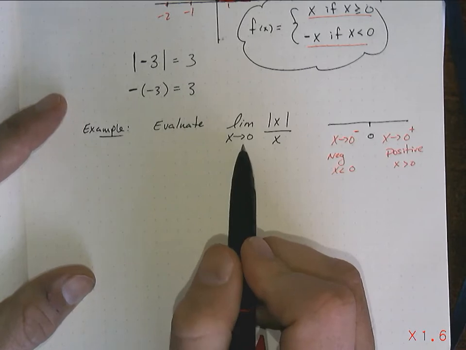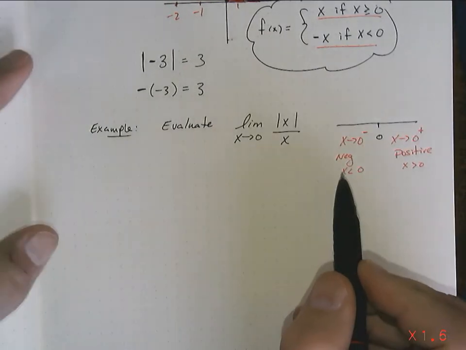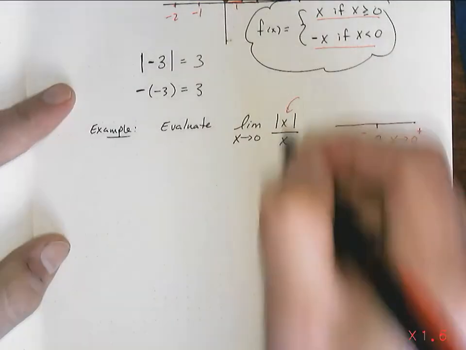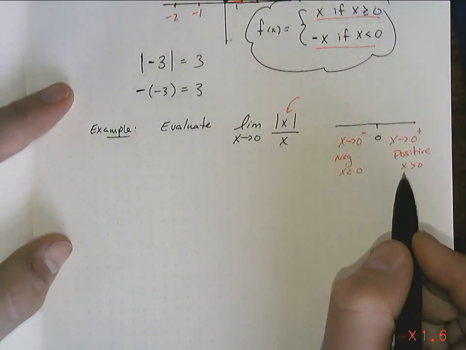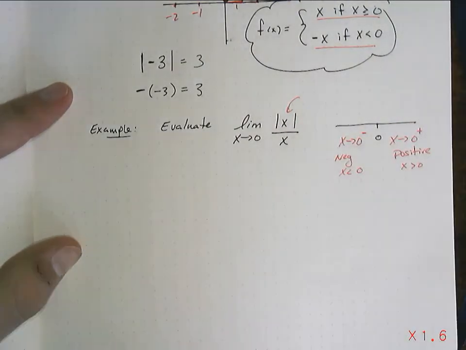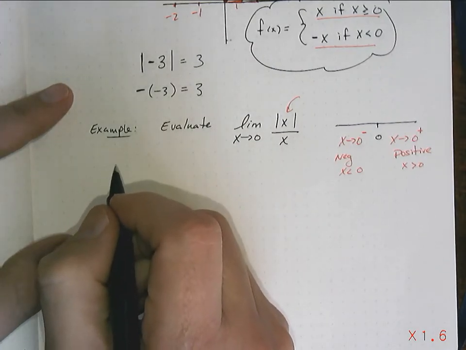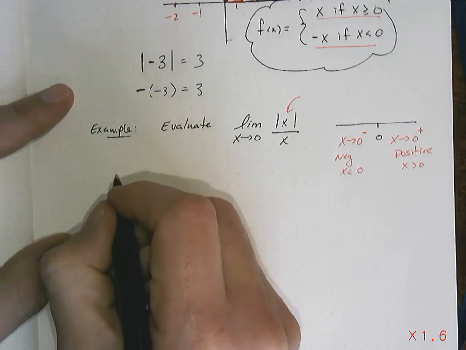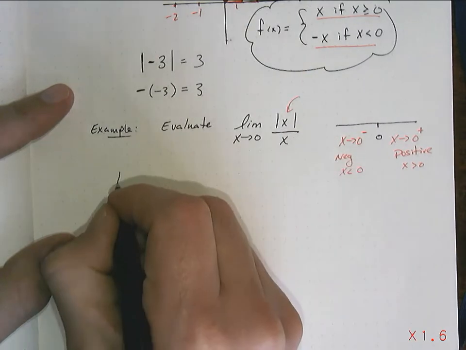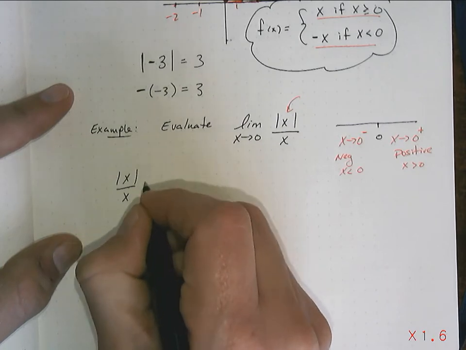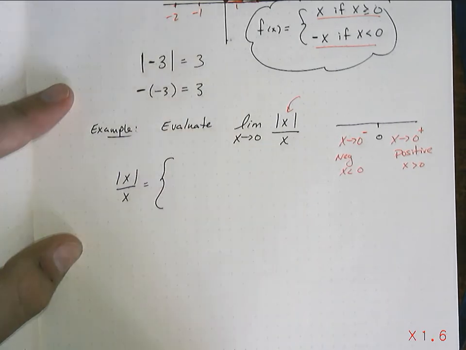So we're going to have to pay attention, because our domain is going to have some negative values for this argument inside the absolute value bars, and some that are positive. So we say to ourselves, well, these things change a little bit. The absolute value of x over x is actually a multiple personality function.